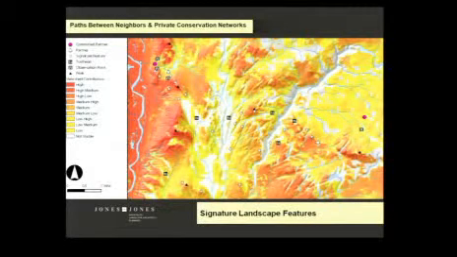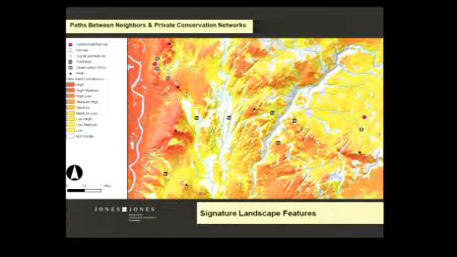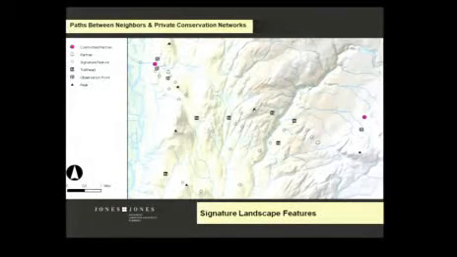And using the viewshed contribution and input from our conservation partners, we were able to develop a palette of signature landscape features. These include the home places of these conservation partners, the signature landscapes to experience along the way, the peaks, observation points, even potential trailheads. And then these signature landscape features will be used later in the model to help determine potential path opportunities.